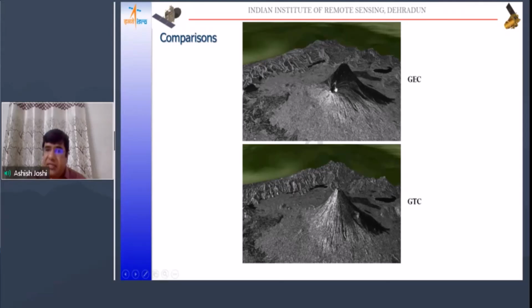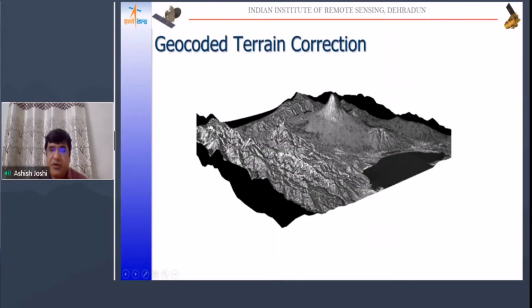But here in the GEC, because we are using the average height, this correction is not done. So that is the basic difference between the ellipsoid correction and the terrain correction. So you can see the full image of this geocoded terrain correction.